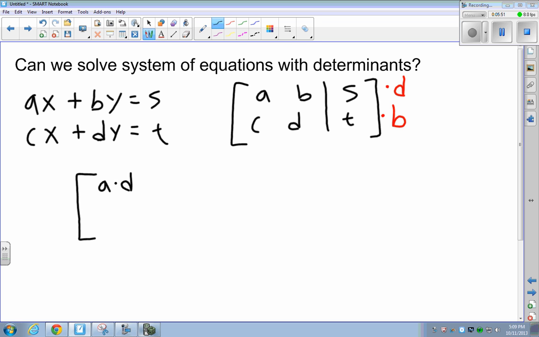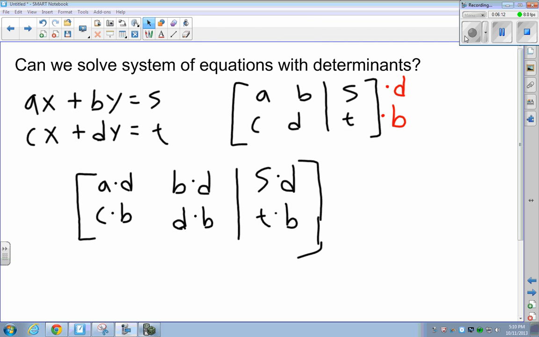A times d, and b times d, s times d. All right, and now we just do the same for the bottom. All right, now let's subtract the second row from the first row, so that way we can get this guy right here to be 0.